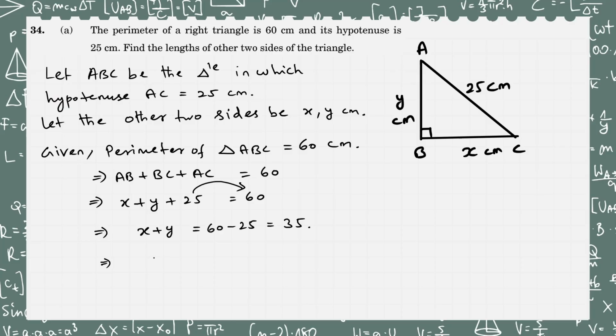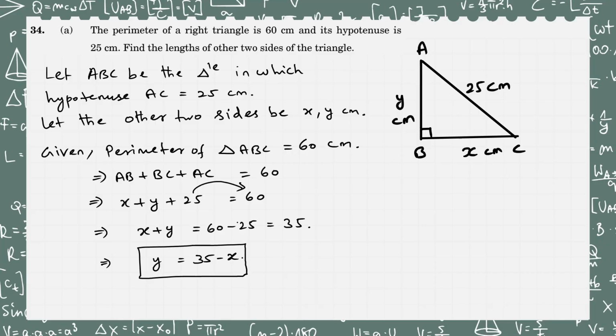So that implies y equal to 35 minus x. Why have I written it like that? Because we are going to solve a quadratic equation. In quadratic equations, two variables are not allowed, only one variable is allowed. So we have to convert one variable in terms of the other variable. So that's why we have changed y in terms of x like this, right?